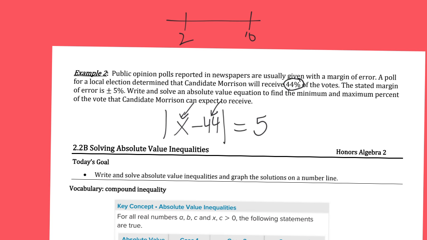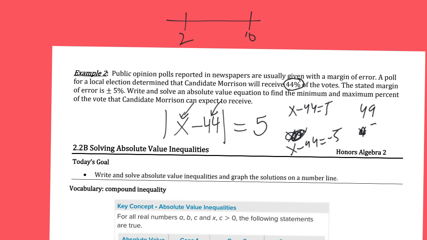But you could also say x minus 44 equals 5. I don't know why this isn't writing. A lot of kids are like, you switch that. No, it's x minus 44 still, it equals -5. That's what you switch, the stuff on the right. And then if you solve that, you get x is equal to 49, and you get x is equal to 39%.